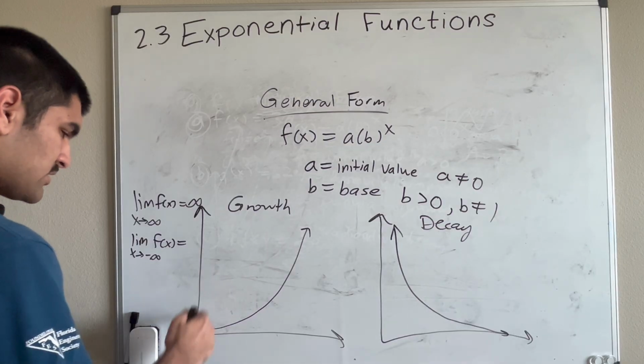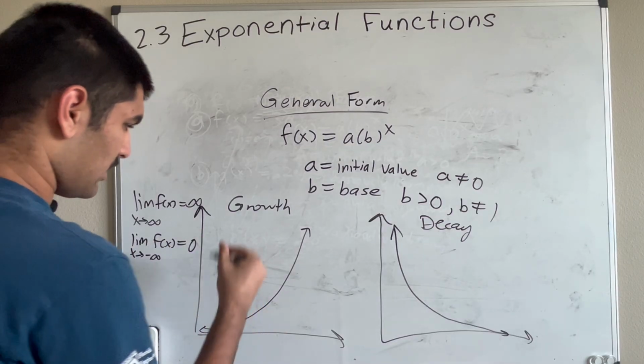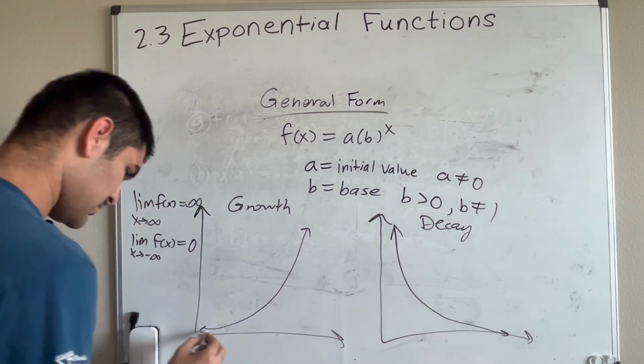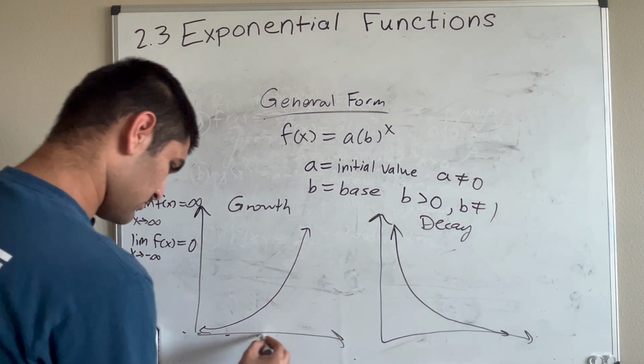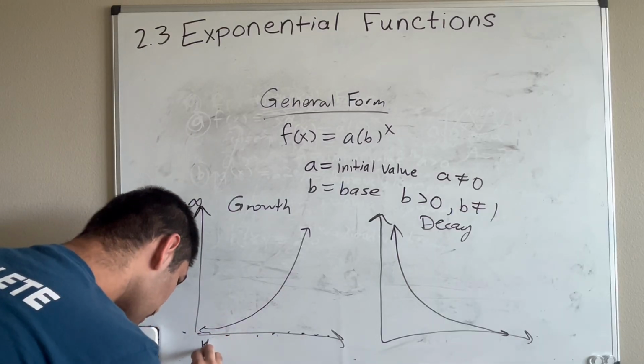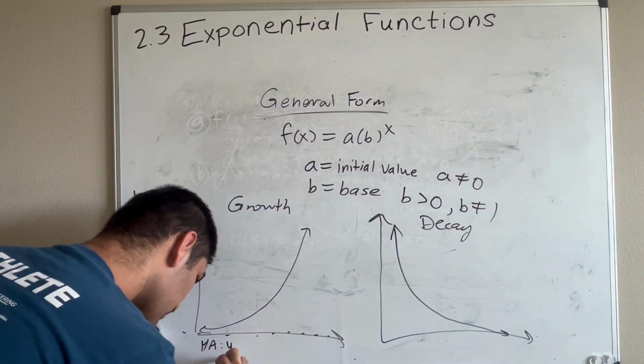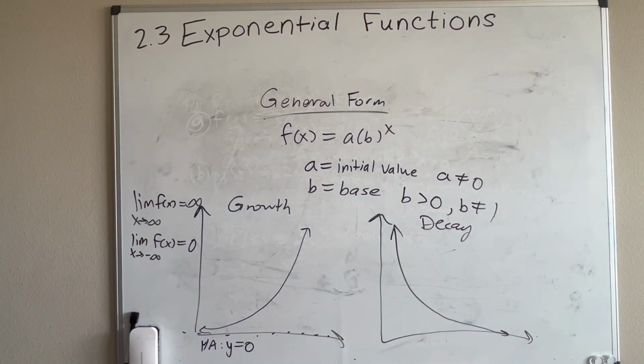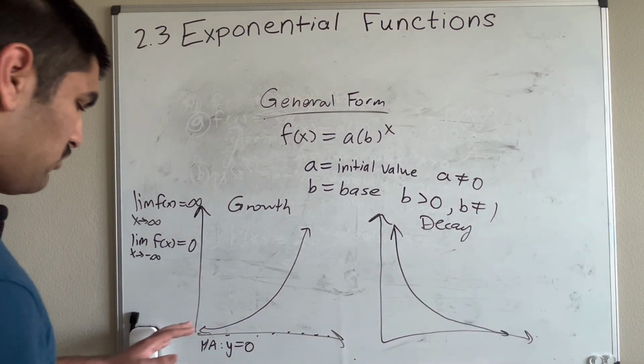And indeed it is. In this case, it's approaching 0. Exponential functions always have asymptotes. So in this case, it will have a horizontal asymptote at y equals 0. All exponential functions have horizontal asymptotes.